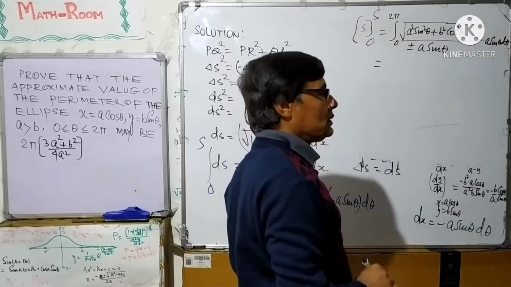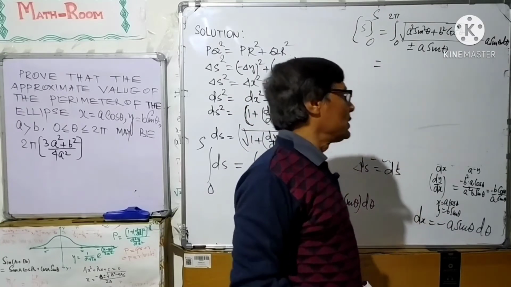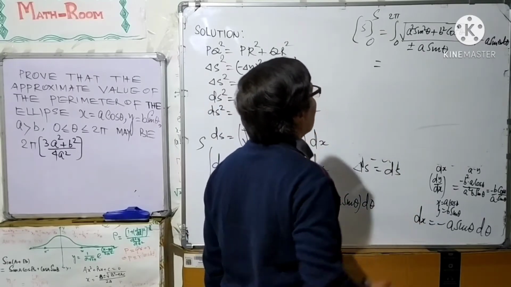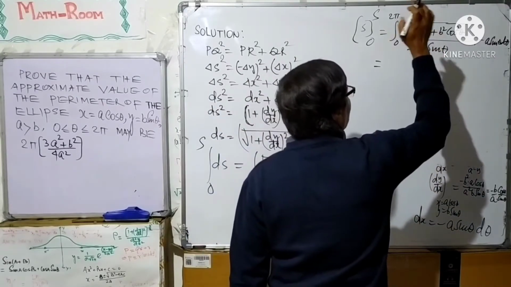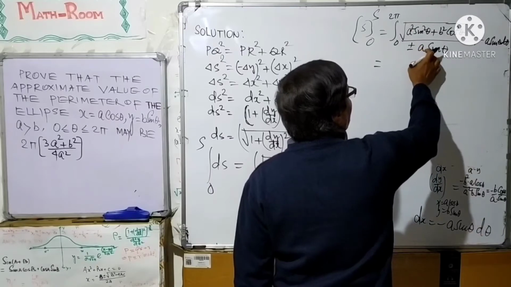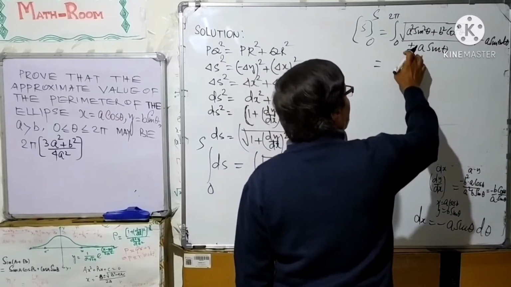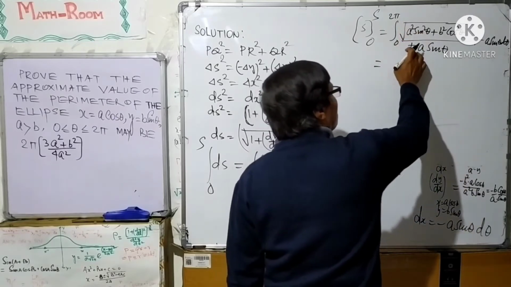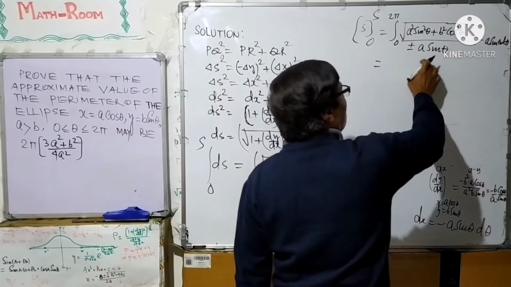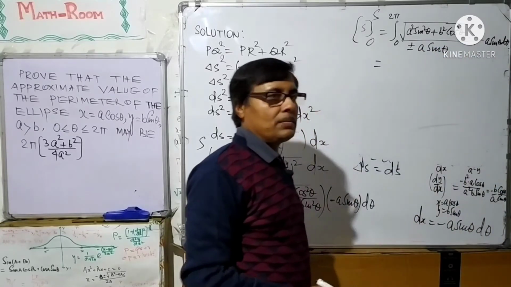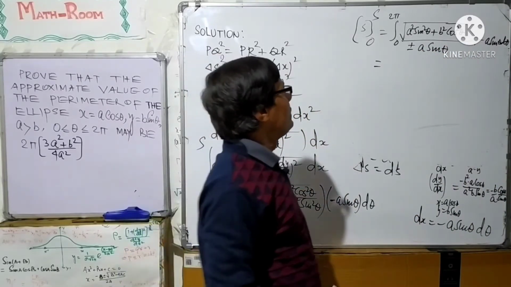As the length is positive, the arc length, that is the perimeter, is positive. So this is also positive, and we can take the minus sign from the denominator, that is minus a sin theta. If we take minus a sin theta as denominator, these cancel out.